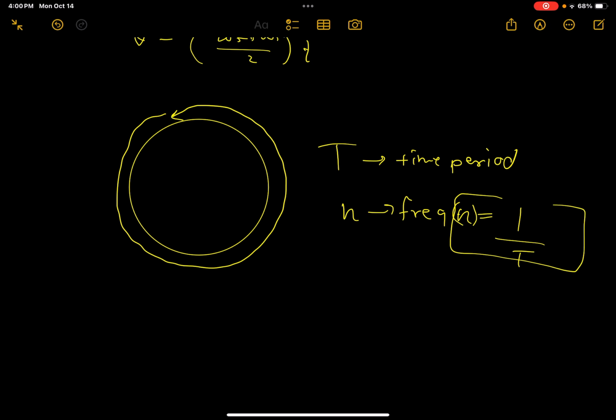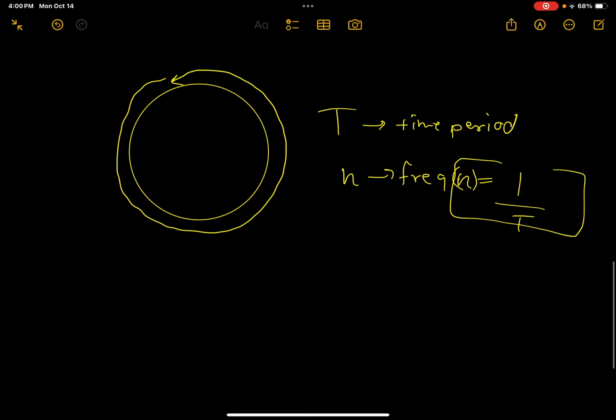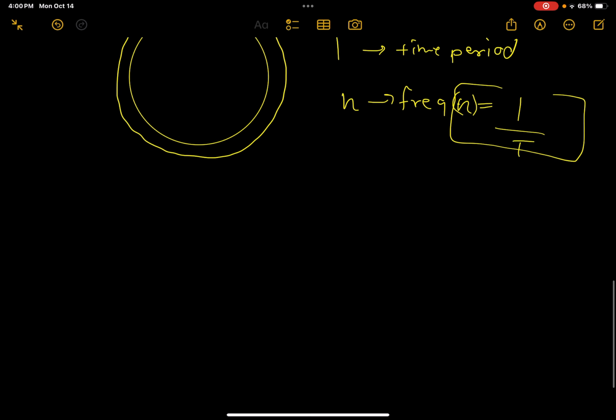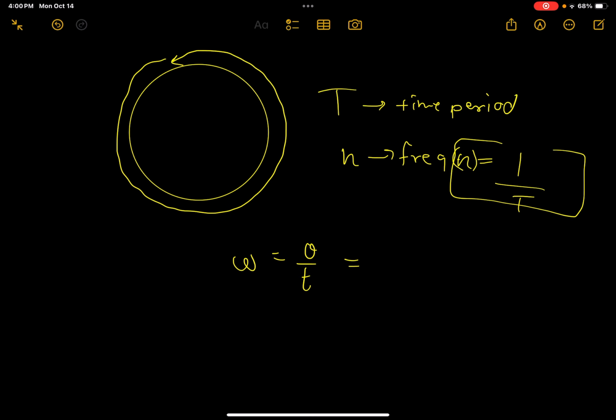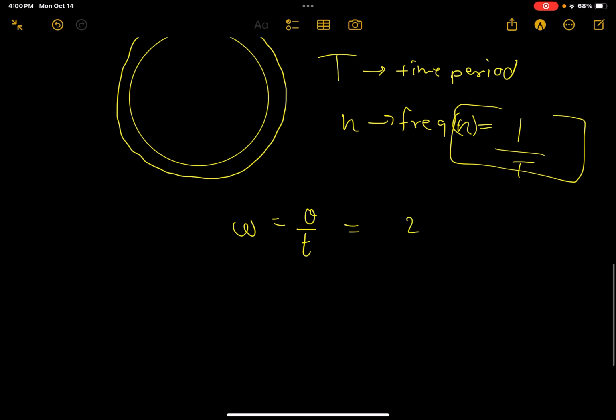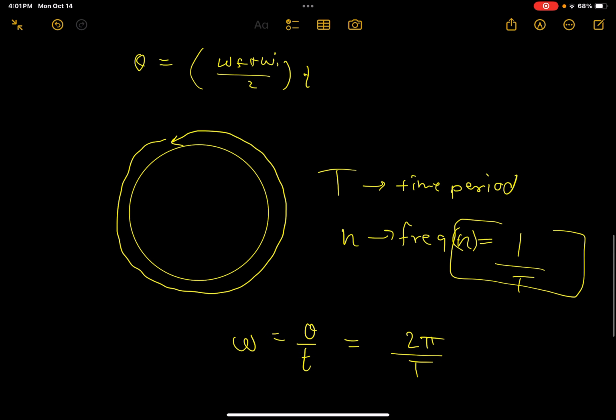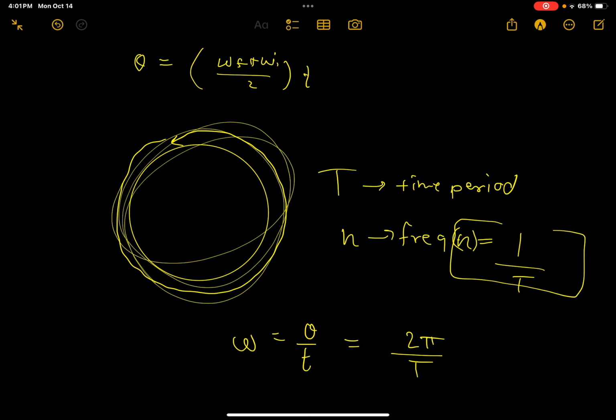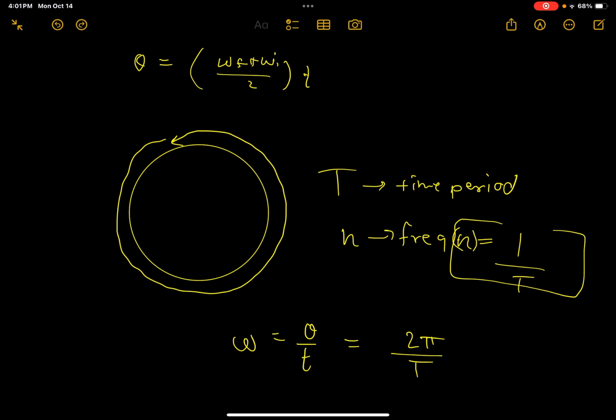Now we know that omega is equal to theta by t. If we want to calculate the omega of an entire rotation, it will be 2 pi upon the time period T. For example, the time period is 0.5 seconds, so the object is rotating really fast, and we want to find out the frequency.